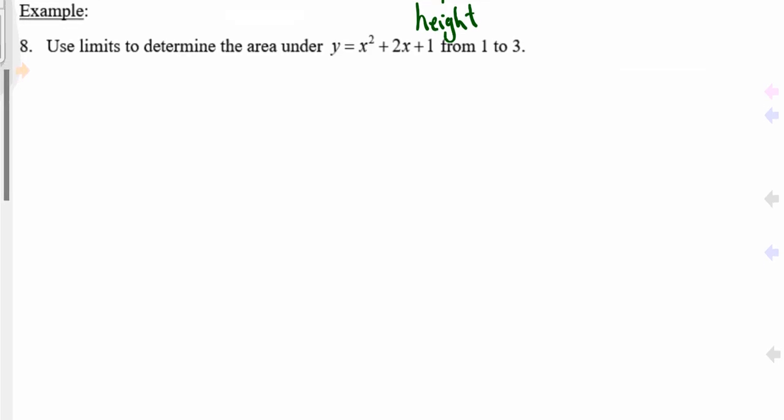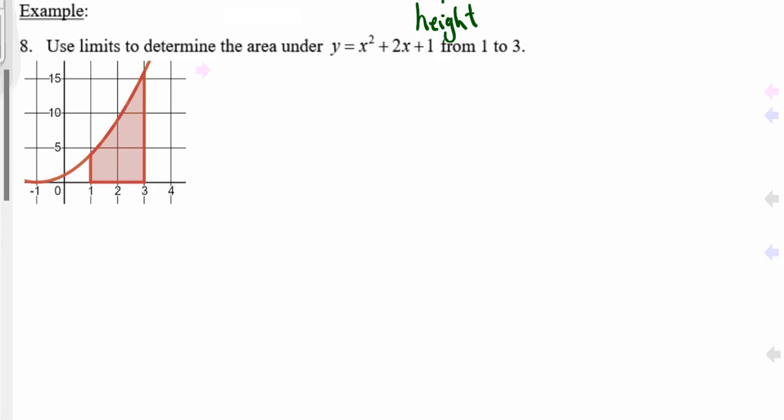All right, here's a visualization of what we're doing. We have this curve. We're going to find that shaded area. So those two things that are not given on your formula sheet or not given on the test, I need to figure out an expression for the width of each rectangle and the ith term, or that x value for the ith term.